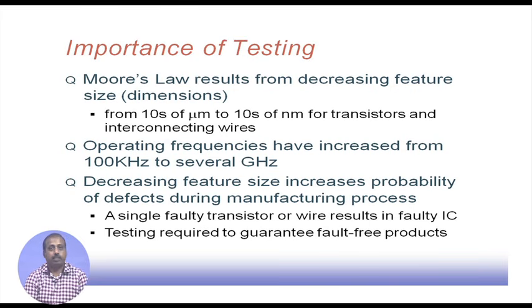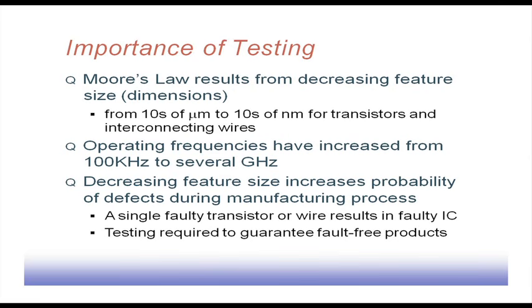This decreasing feature size increases the probability of defects during the manufacturing process. What we essentially mean is, assuming that my manufacturing process is flawless, there is no problem with it, even then the silicon wafer onto which we are making the design will have impurities, and that cannot be controlled.